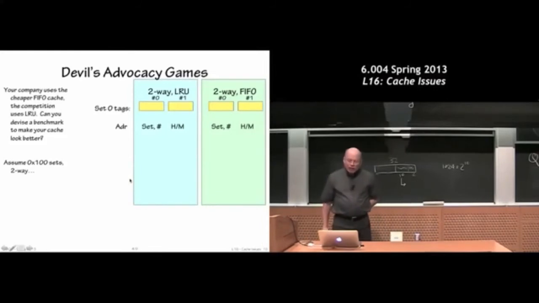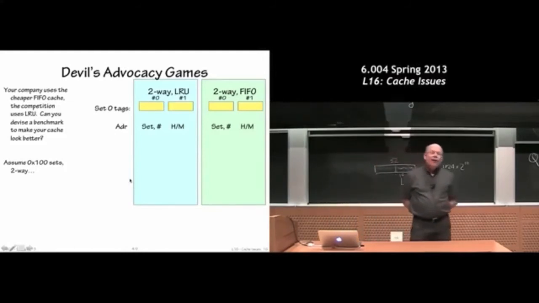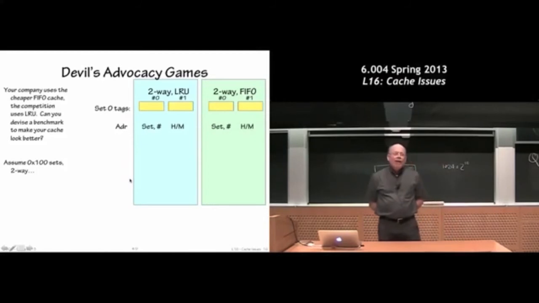Now, when we're dealing with replacement strategies, you can ask, well, is LRU always better? I'm here to warn you that the word always in a question about caches is almost never true. For example, a bigger direct map cache is always better than a smaller direct map cache. It holds the same information.